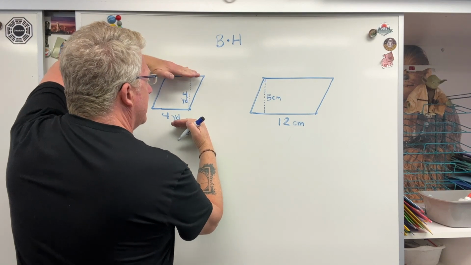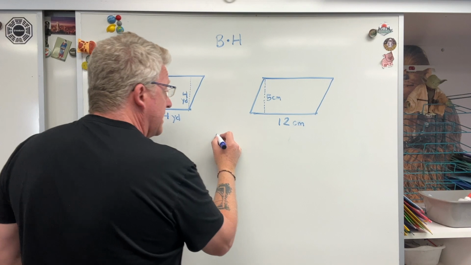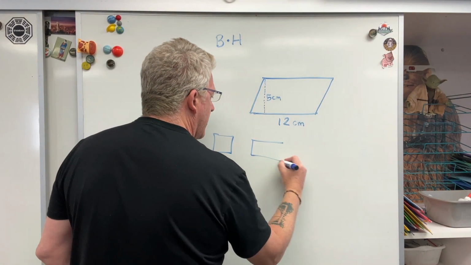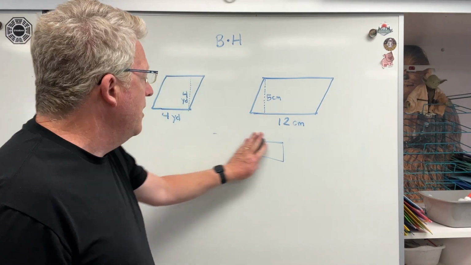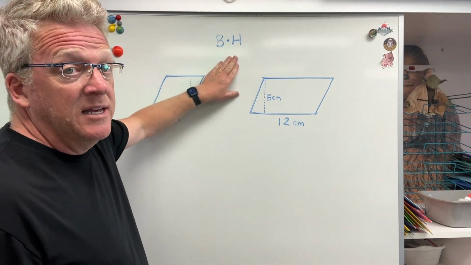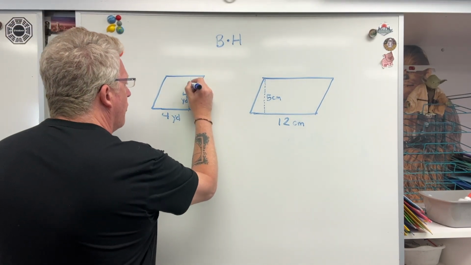These two sides are parallel, these two sides are parallel. Same for this shape, but also same for a square. Opposite sides are parallel. Same for a rectangle. So that does make it really easy to remember that a parallelogram also has base times height as its formula. So it is 4 yards across, it is 4 yards tall.